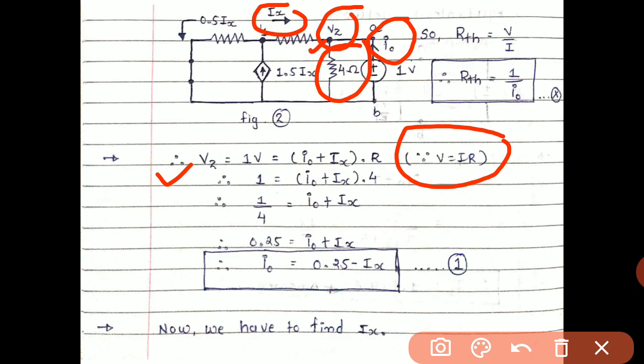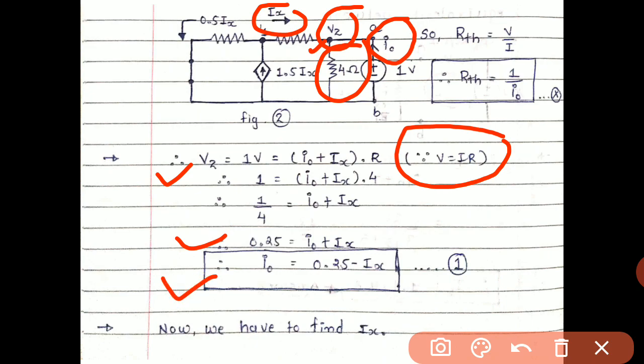So I0 plus Ix, into 4. By simplifying, we get one equation: 0.25 equals I0 plus Ix. So I0 equals 0.25 minus Ix.